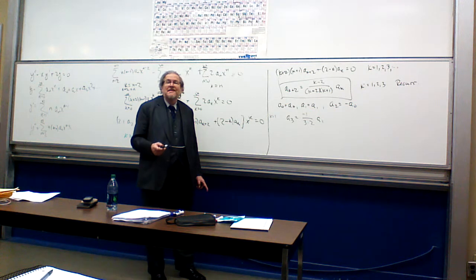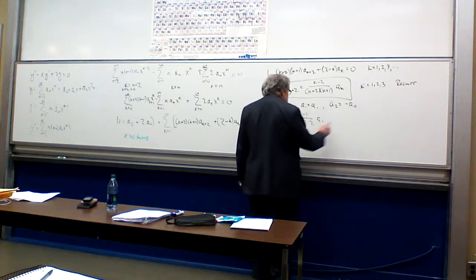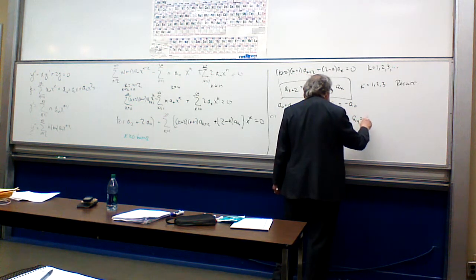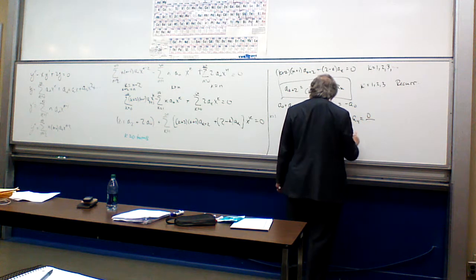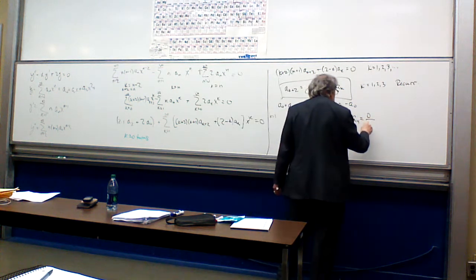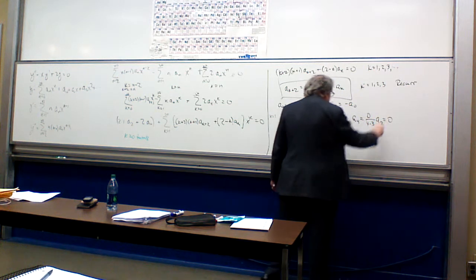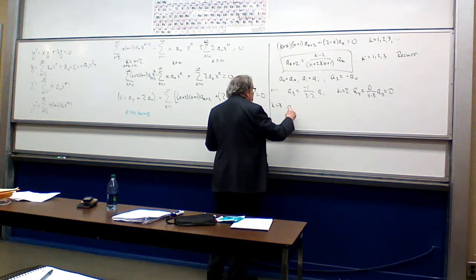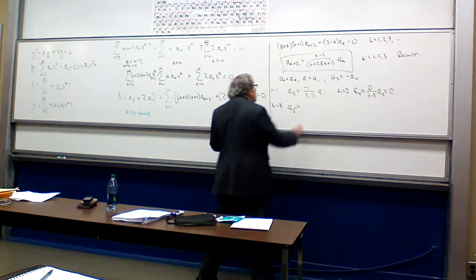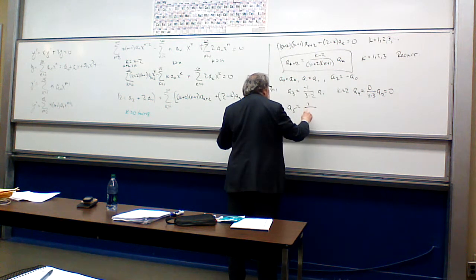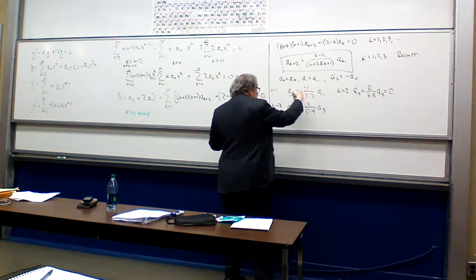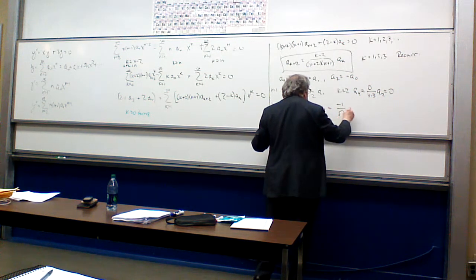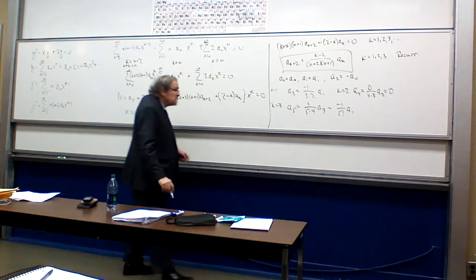Question here? K equal 2 says A4 is 0 over 4 times 3, A2, that's 0. K equal 3, A5 is 1 over 5 times 4, A3, but here's A3 right above it, so that's a negative 1 over 5 factorial A1.